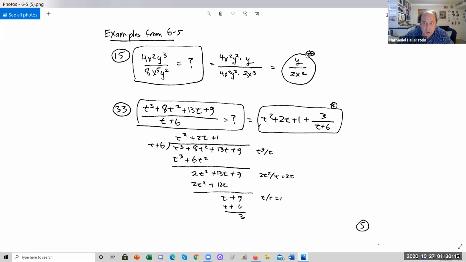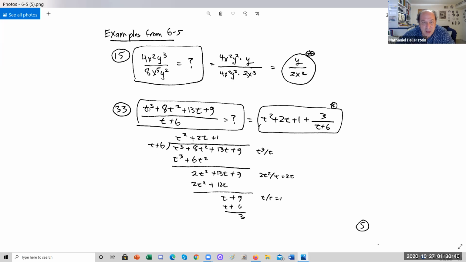After cancellation, that's what we'll have. We have 2x to the 3rd, and again, I made a mistake, so I'm going to have to change that in the canvas. Y over 2x to the 3rd.